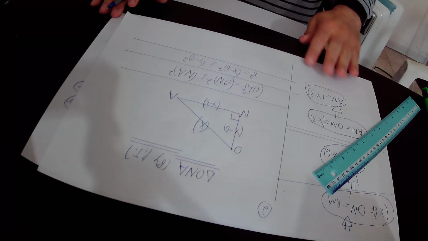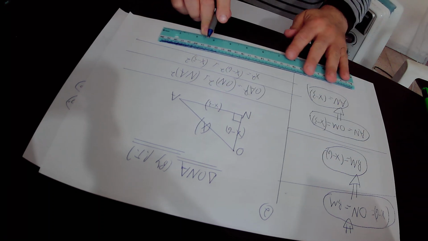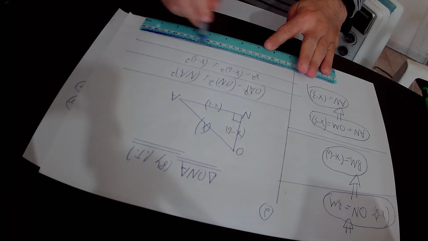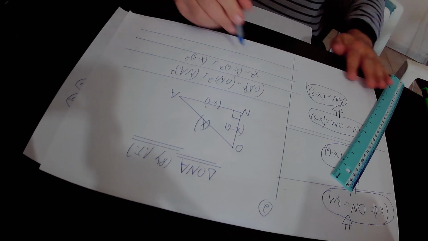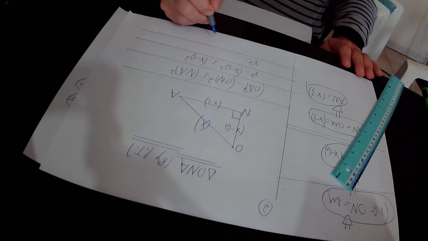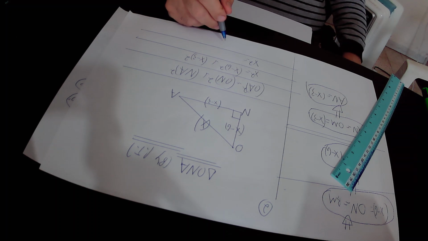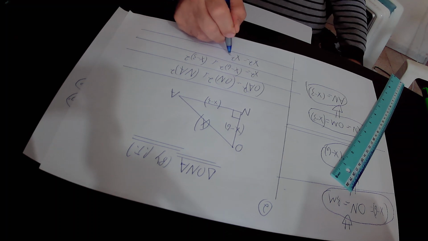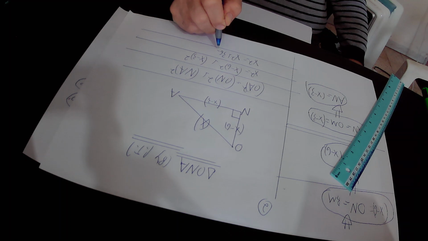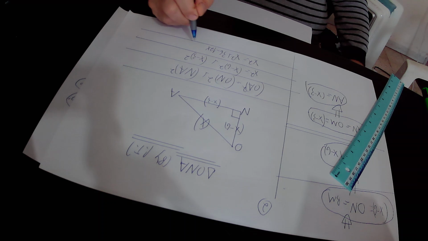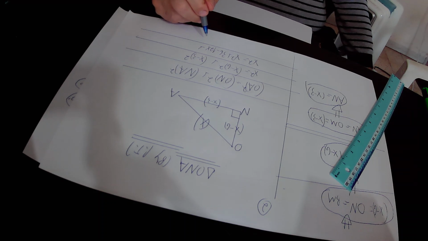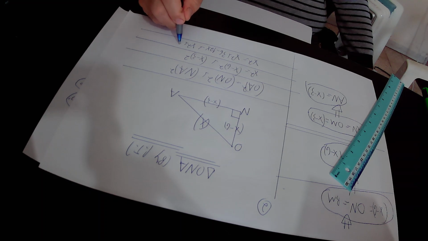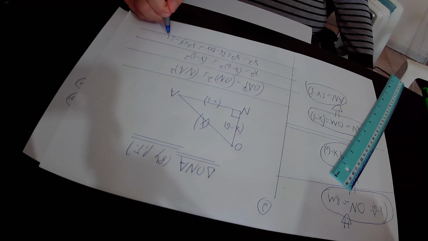We will open the brackets on this side of the equation, and we get that x squared equals (x minus 6) squared. (x minus 6) squared is x squared plus 6 squared, that is 36, minus 2 times x times 6, which is minus 12x, plus (x minus 3) squared. (x minus 3) squared equals x squared plus 3 squared, that is 9, minus 2 times x times 3, which is minus 6x.